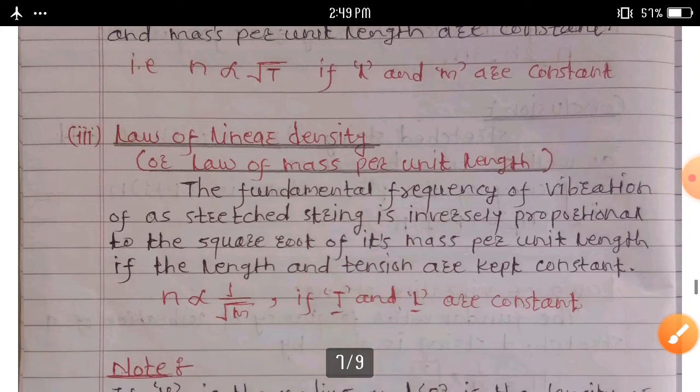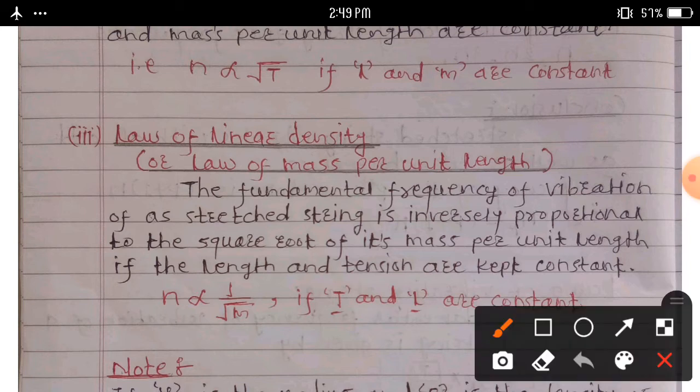And the third law of a vibrating string is the law of linear density, or we also call it the law of mass per unit length. Statement: the fundamental frequency of vibration of a stretched string is inversely proportional to the square root of its mass per unit length if length and tension are kept constant.